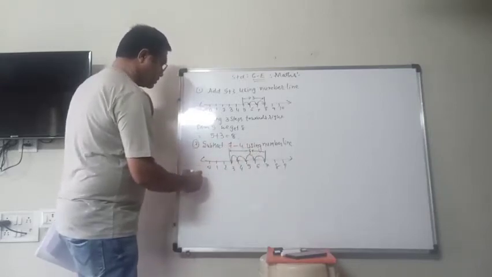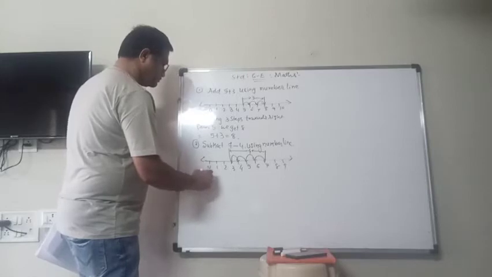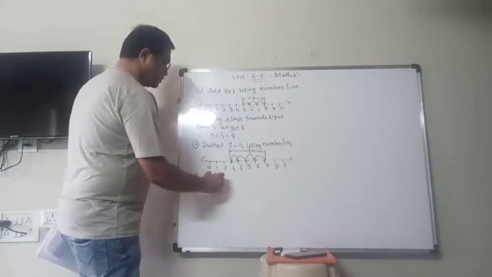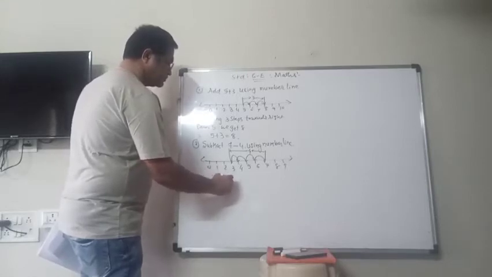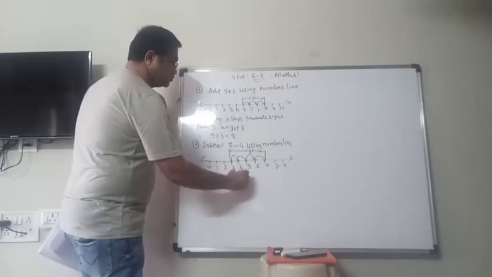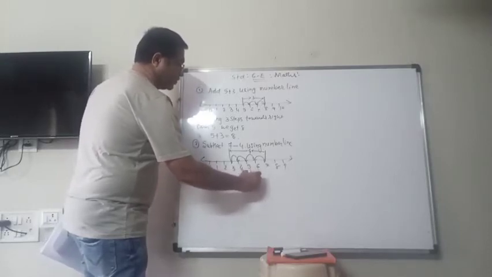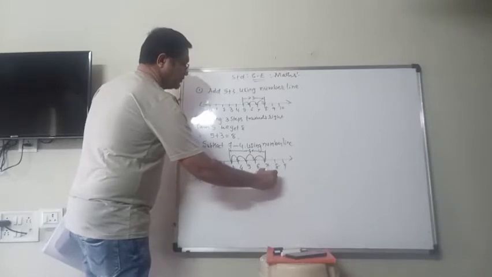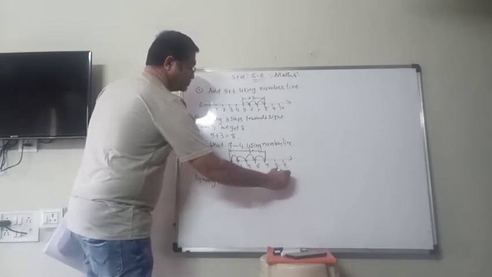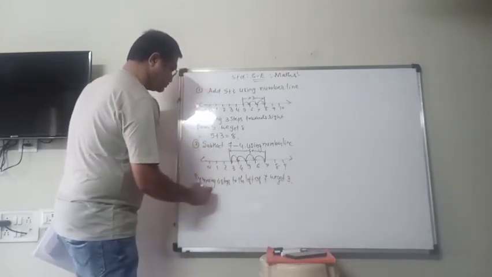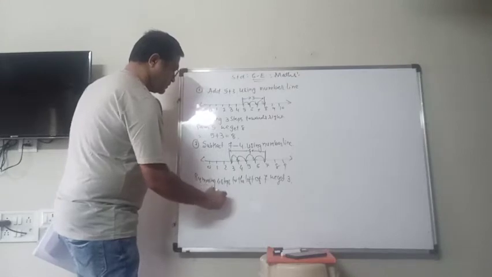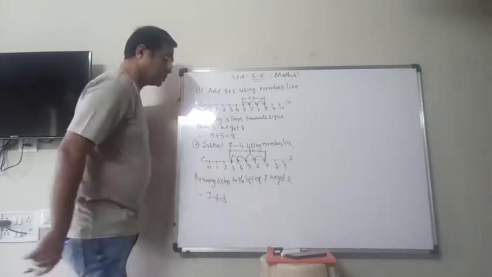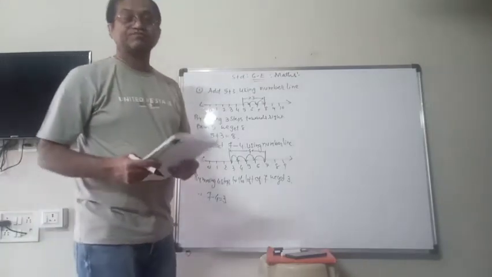So by moving 4 steps to the left of 7, we get 3. Therefore, 7 minus 4 equals 3.